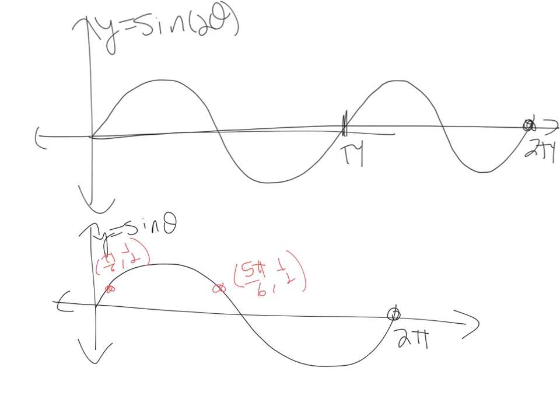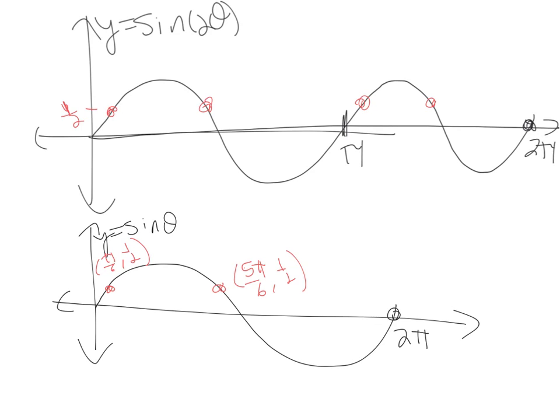But here I will hit 1/2 4 times instead of 2 times. That concept is the same for how many times it will hit root 2 over 2. So actually we will have 4 answers between 0 and 2 pi.